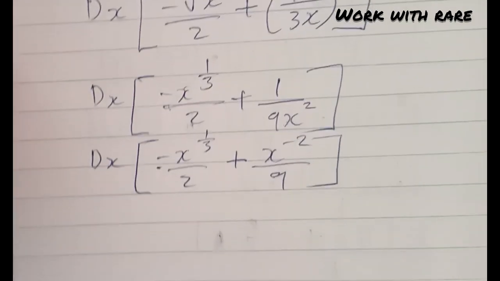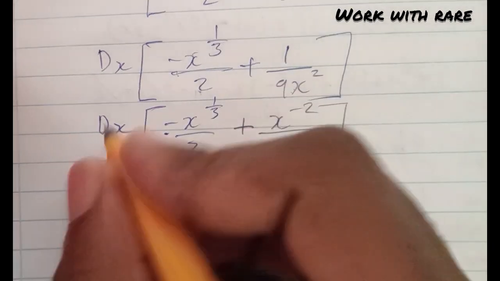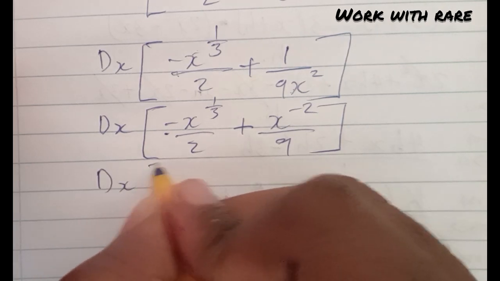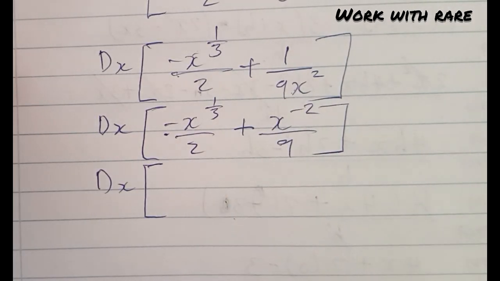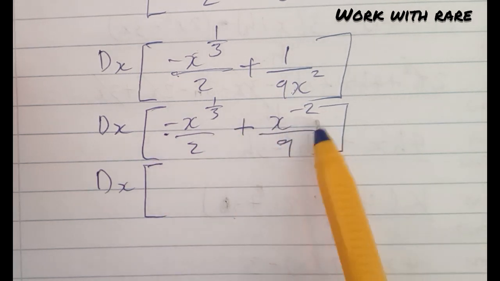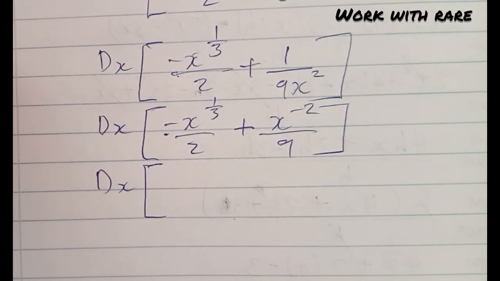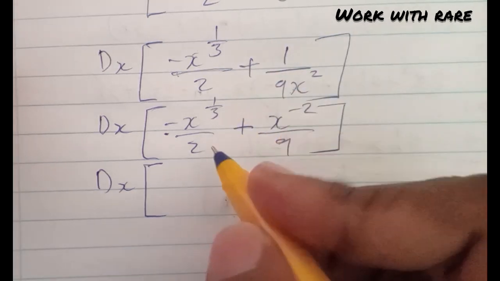Okay, now my next step, make sure you don't make a single mistake when you do this question, and make sure you follow. So the next step now, I'm happy because I have this x in my numerator, so I'll write it in the simplest form.